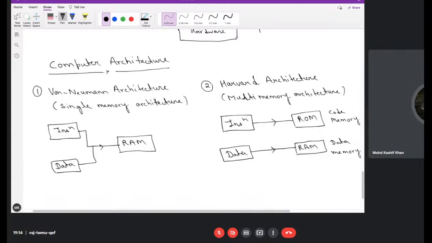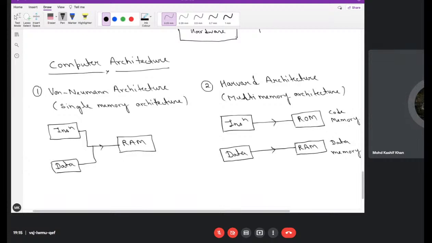Now write this diagram for the von Neumann architecture. Just write the first diagram under the von Neumann architecture, and after writing that, write the example as personal computer.